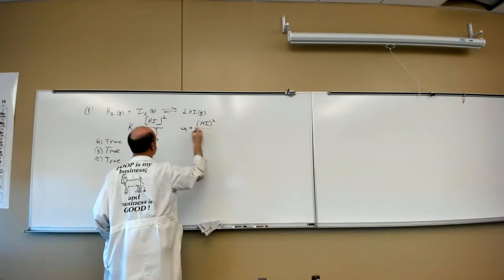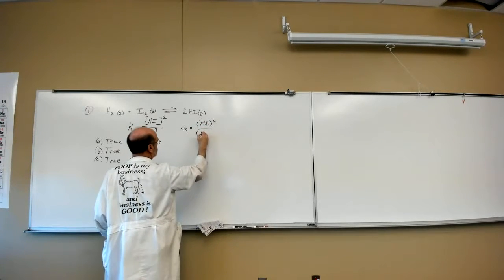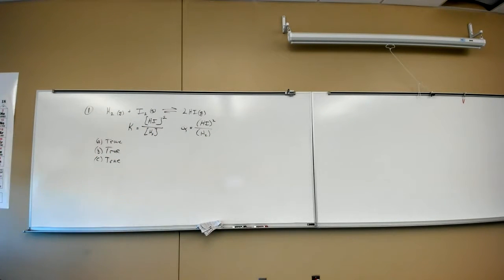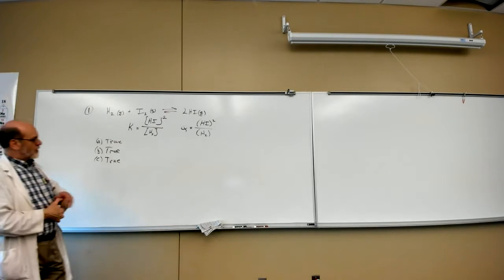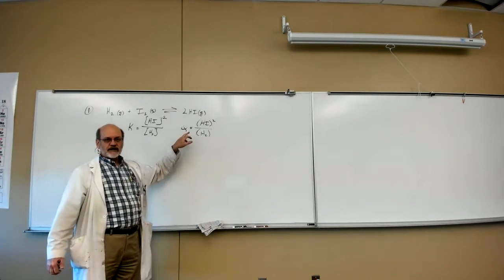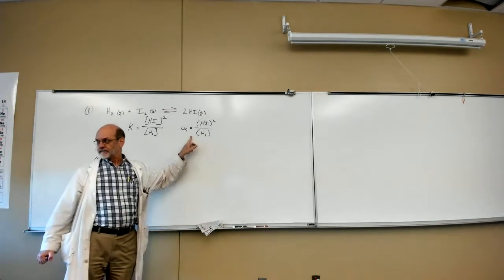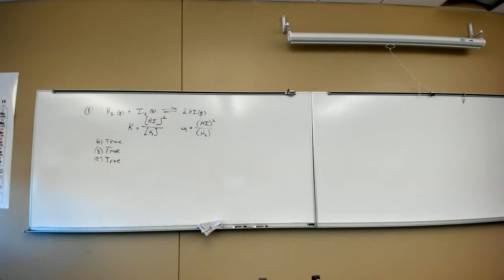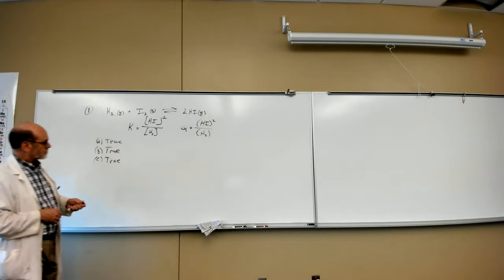What does Q stand for? It's a non-equilibrium expression that's analogous to the equilibrium expression. In other words, you set it up the same way, but the conditions are not at equilibrium. We use it at the start of a reaction to determine which way the reaction is going to go, to the right or to the left.